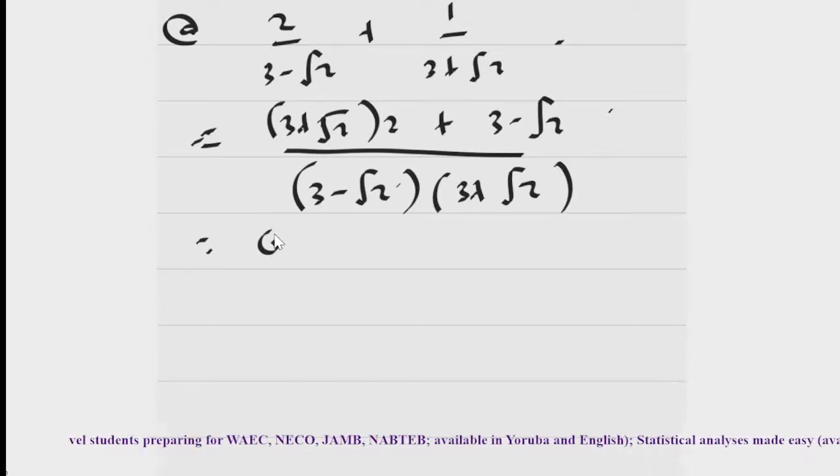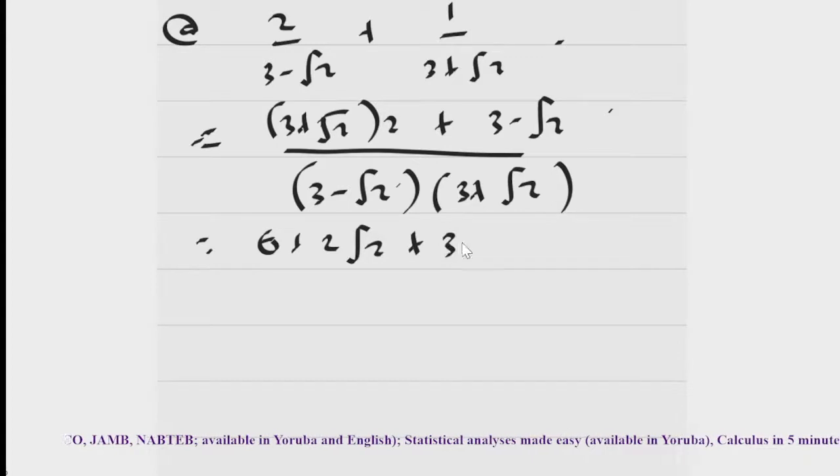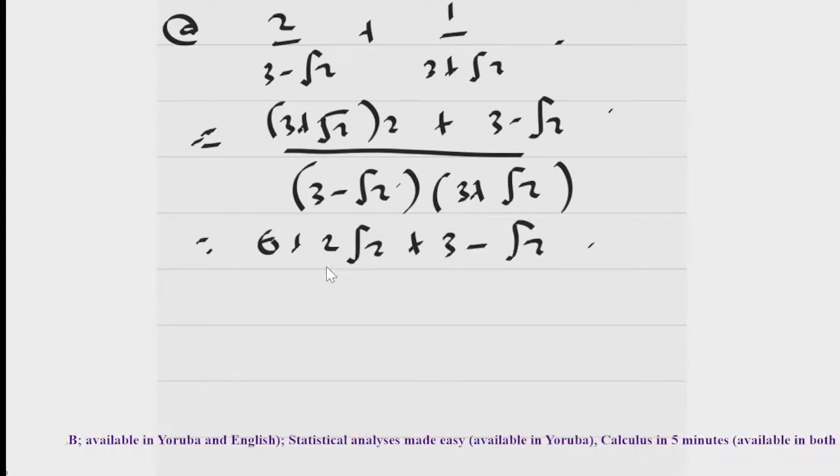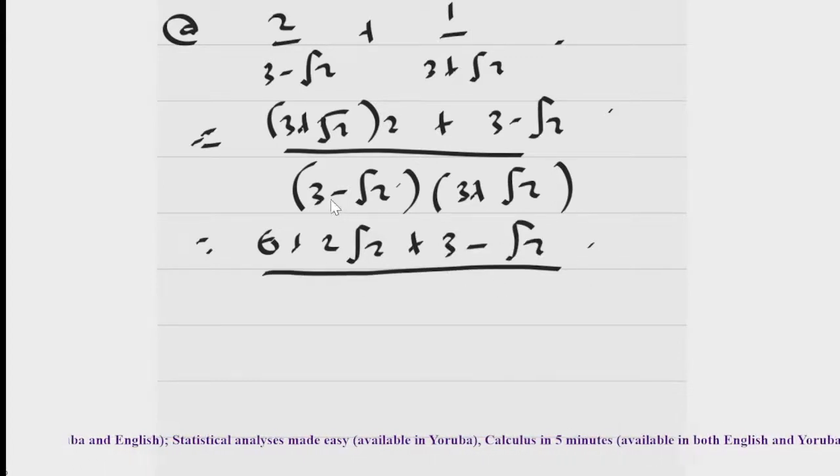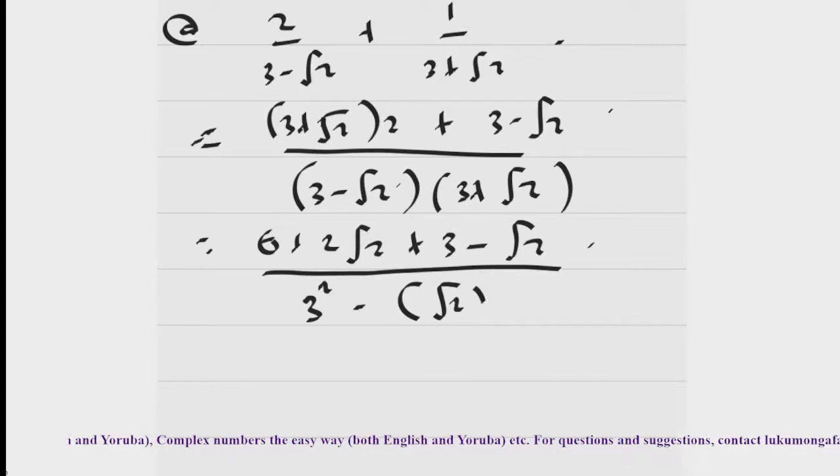Multiply out: 6 plus 2 root 2 plus 3 minus root 2, divided by, recall, this is the conjugate of each other. You understand now? And if you don't want to stretch yourself, just apply your difference of two squares. That's going to give you 3 squared minus root 2 everything squared. You understand now?